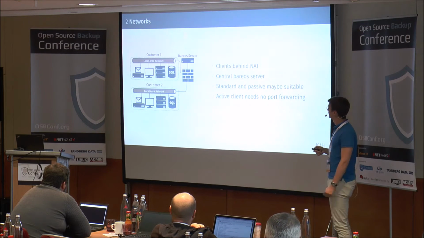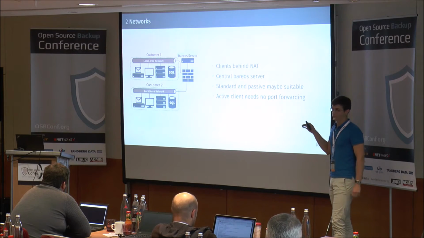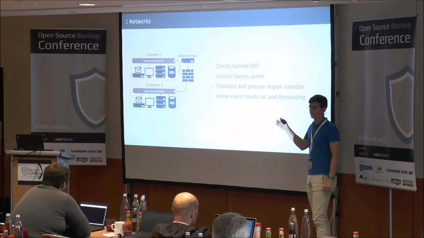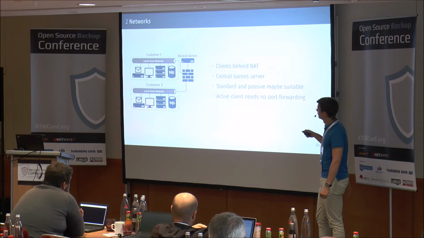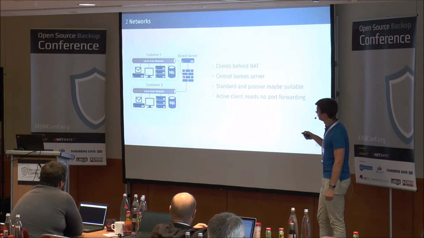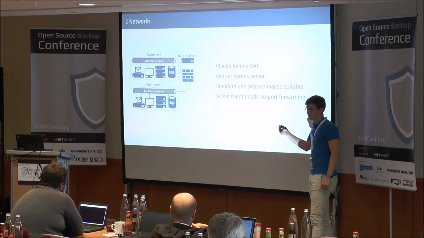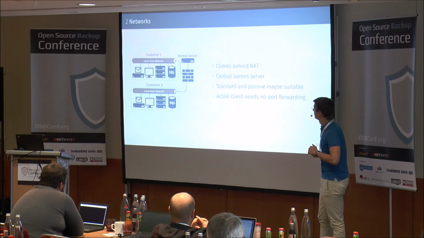So let's take this further. Now we have 2 times the simple network configuration, but instead of 2 Bareos servers, we have 1 Bareos server, and this is central. Between the Bareos server and the customer networks, for example, is a firewall, which would need port forwarding again for standard and passive mode.